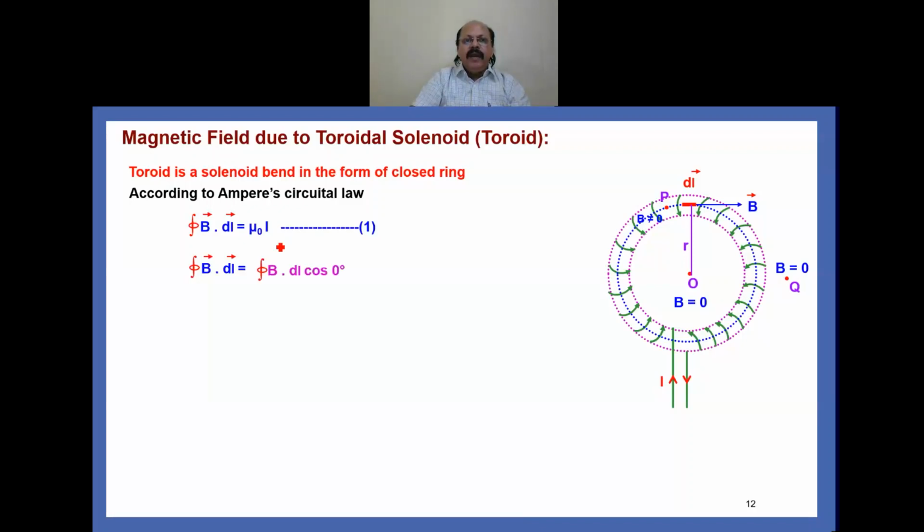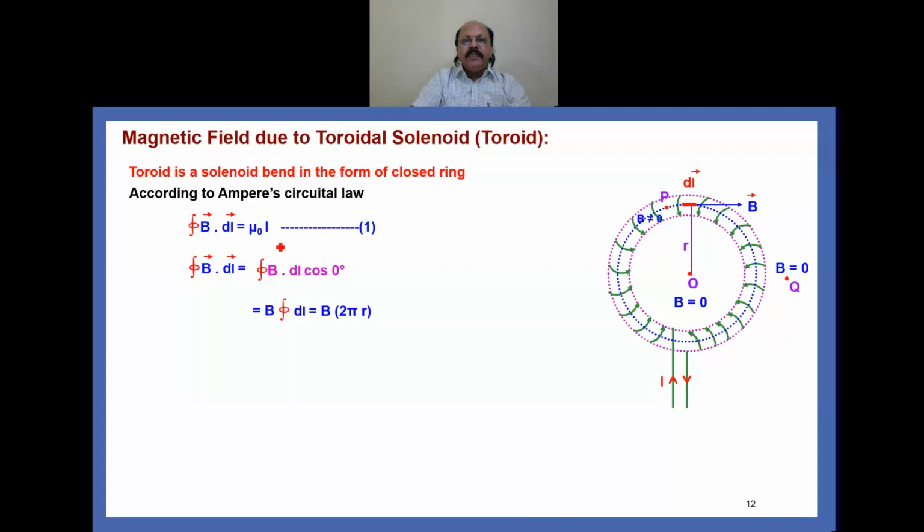The angle between B vector and dl vector is 0, so it is B dl cos 0. B you take outside, then B closed integral dl, and closed integral dl is the length of the Amperian loop, which is taken in the form of a circle, so it is 2 pi r.